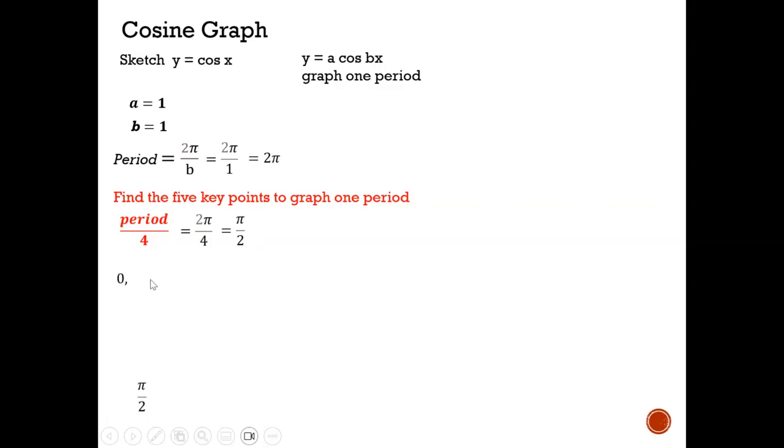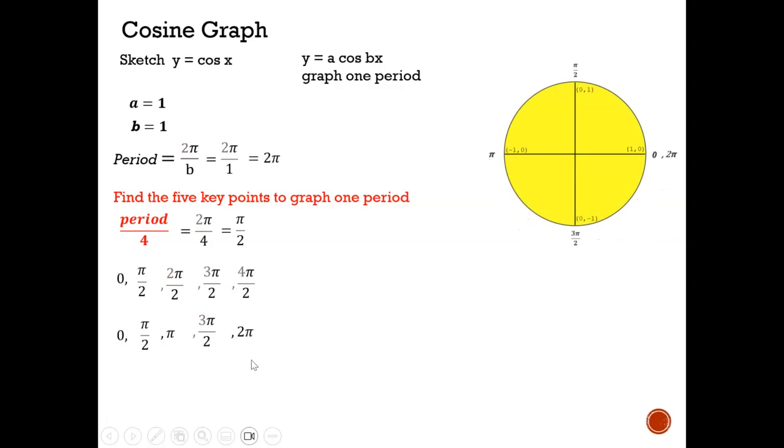So this becomes 0, pi over 2, 2 pi over 2, 3 pi over 2, and 4 pi over 2. Let's go back and simplify them. It will be 0, pi over 2, pi, 3 pi over 2, and 2 pi. So these are my 5 key points, the key points for the x values.